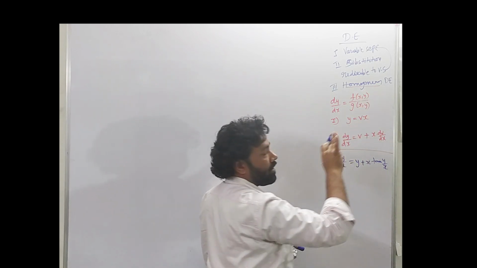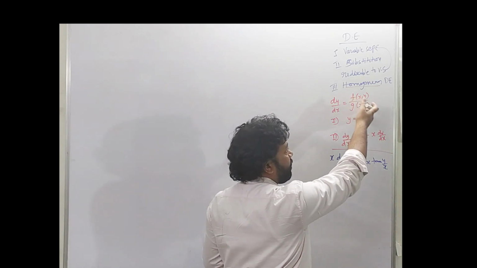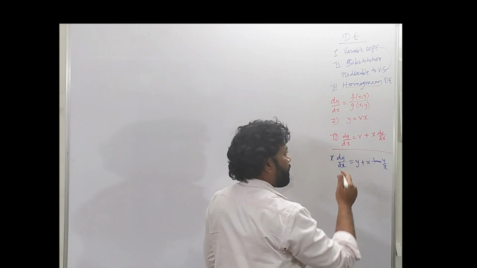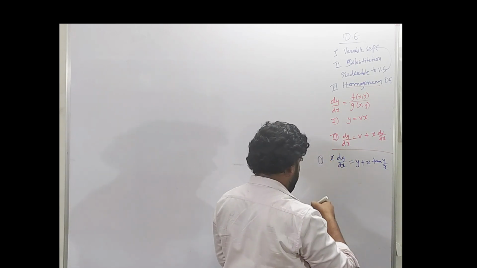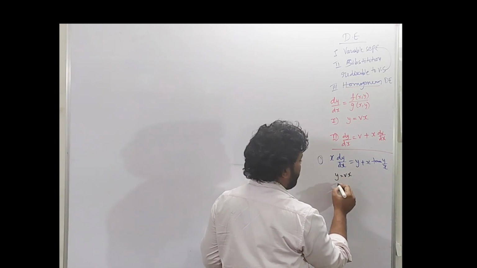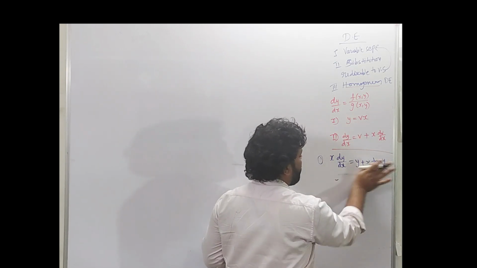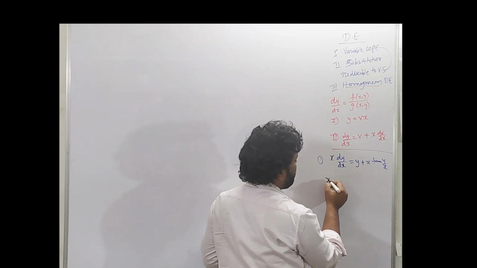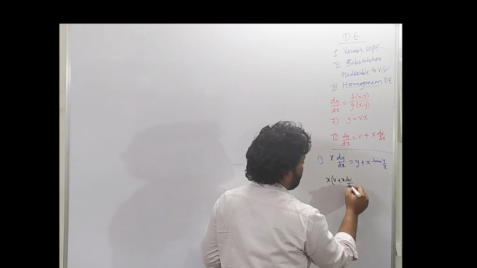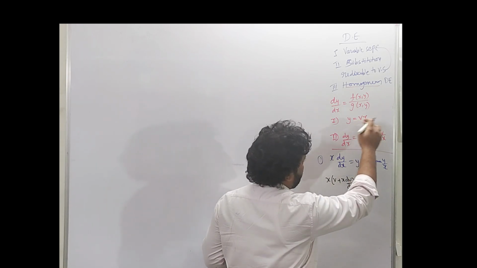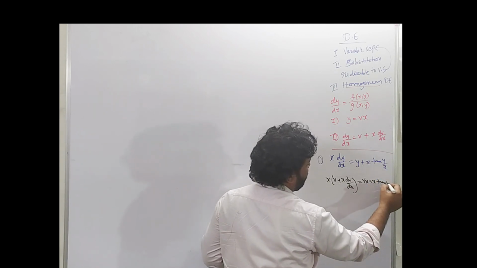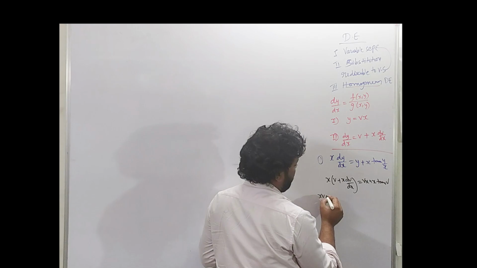So if you identify at least one function of this format, then the equation belongs to the homogeneous category. So we'll use our steps. First step, we have to substitute y equals vx. It's already written over here, so I'm not doing it again. Let's make the substitution. dy by dx gets substituted as v plus x dv by dx, y gets substituted as vx, and tan v. Let's open the brackets.